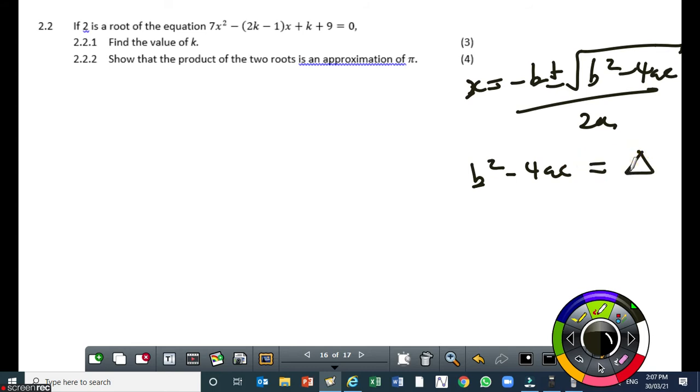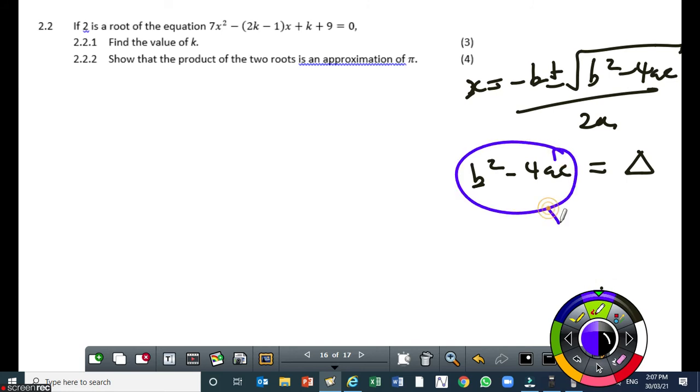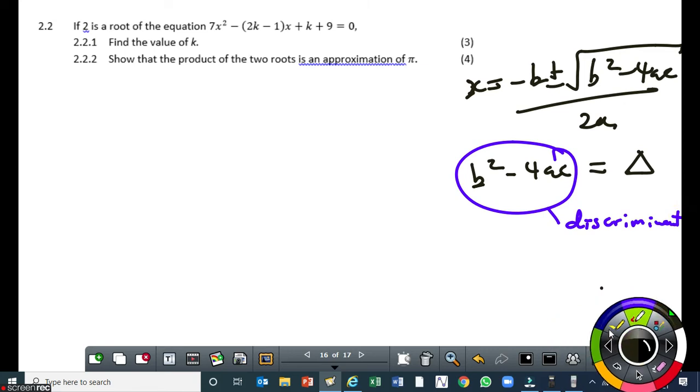Delta is the notation used for the discriminant. The concept of a discriminant is very important because it has got applications in other topics, usually functions, later on. So that b squared minus 4ac has got different values when you are doing calculations.